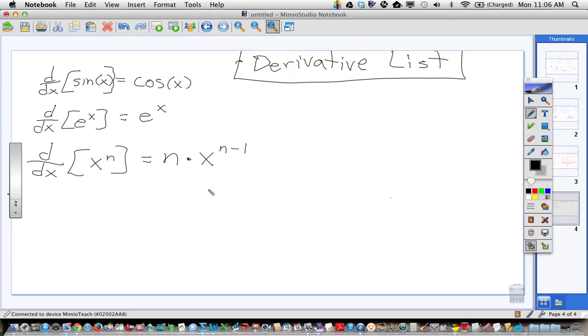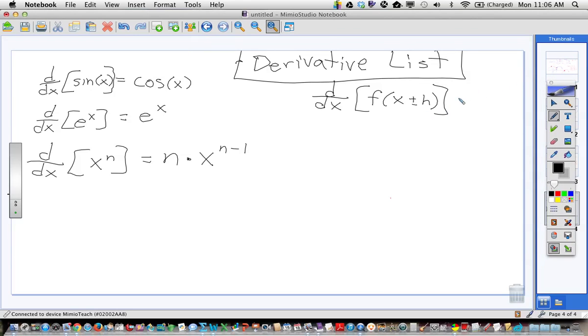We learned some shifting stuff. How can I write this? We learned that if you're just going to do a shift of a function, that you'll just do the normal derivative and you'll still have that shift.